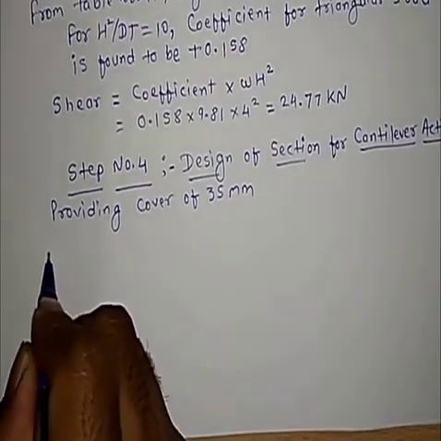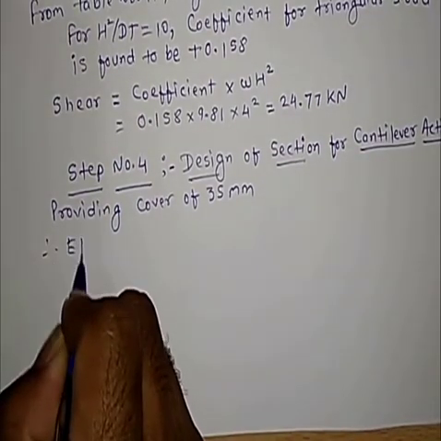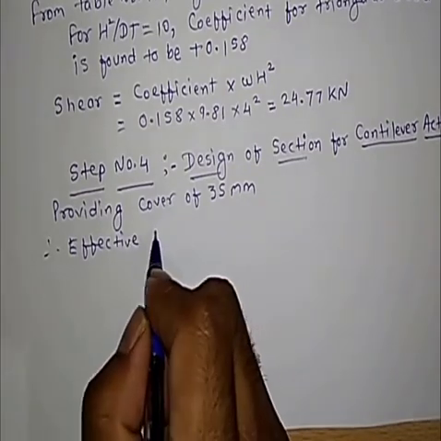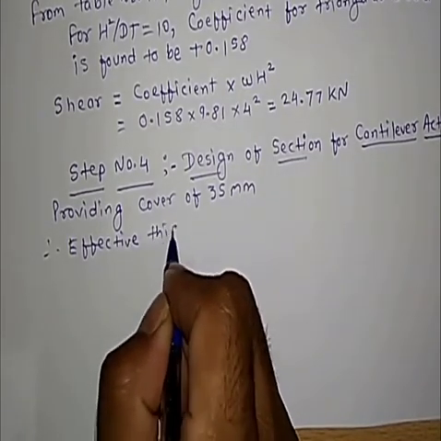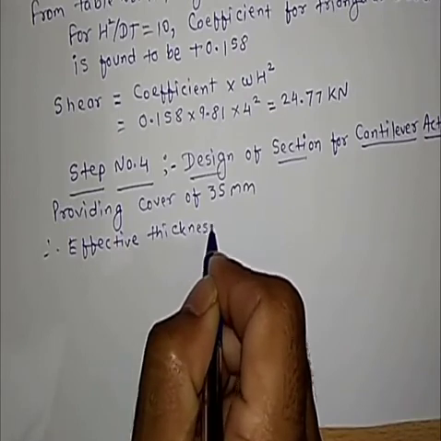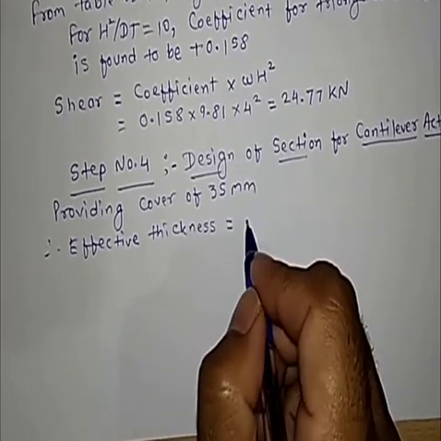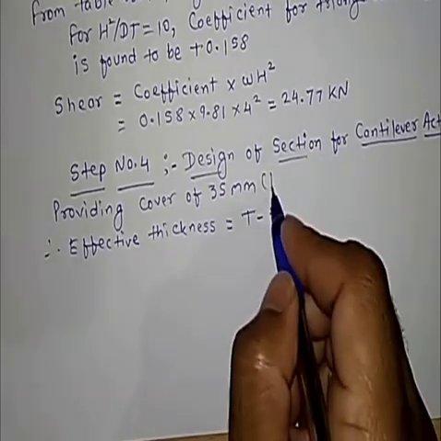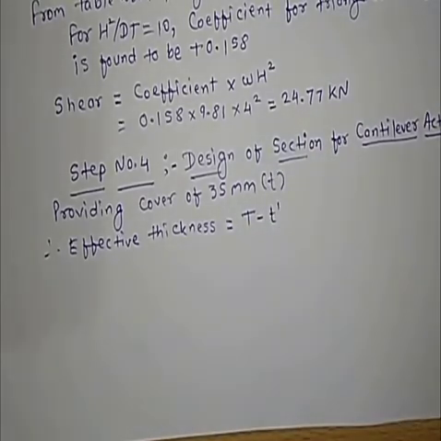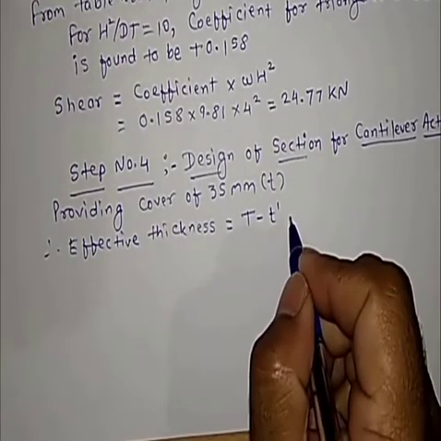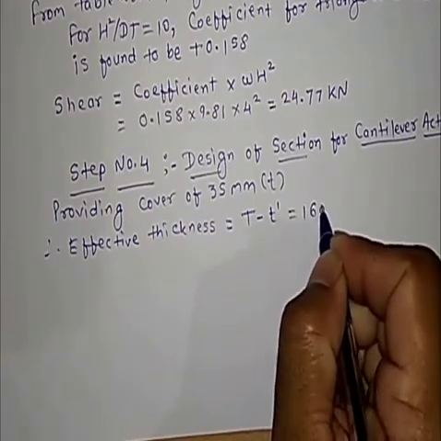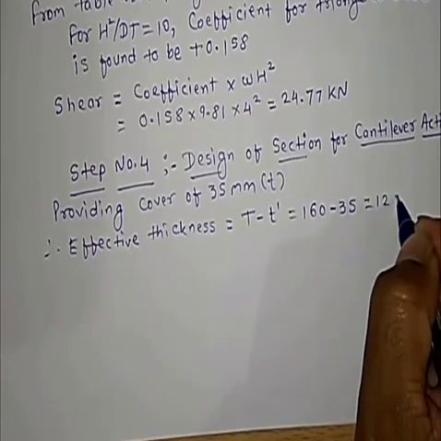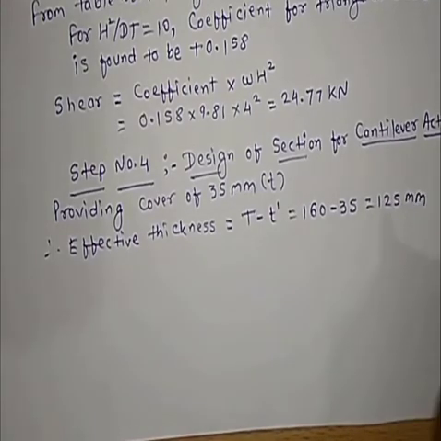Therefore now you'll have the effective thickness, that is equal to T minus T dash. Let us have this as T. So T minus T dash, which is 160 minus 35, and that is equal to 125 mm.